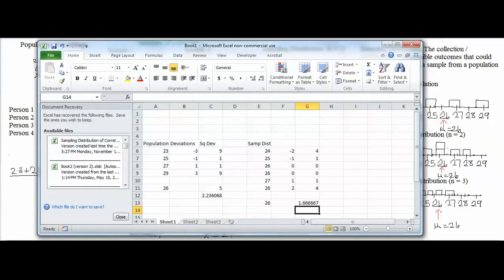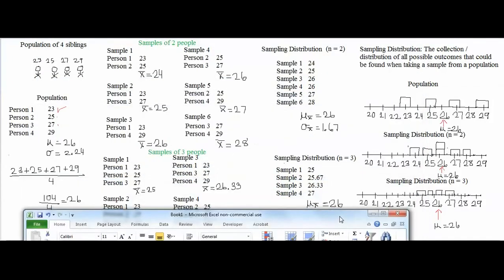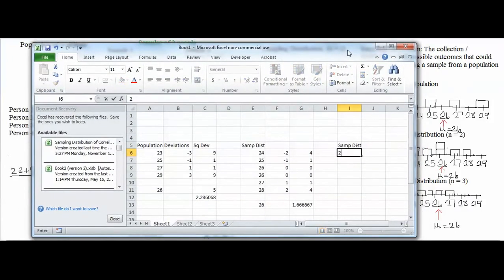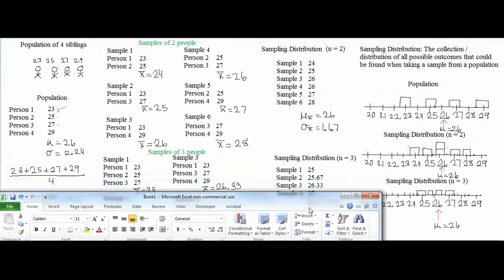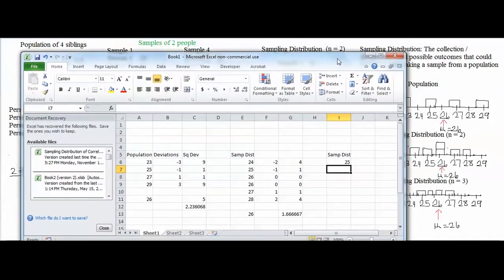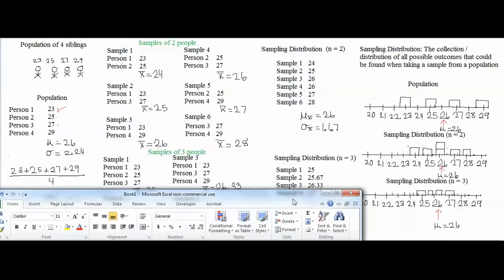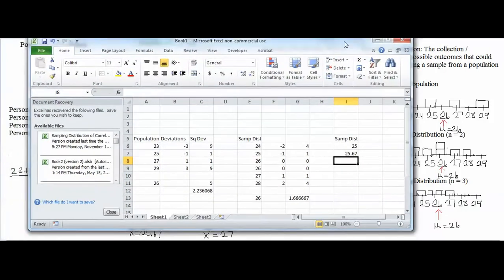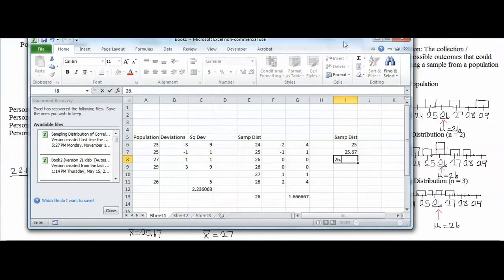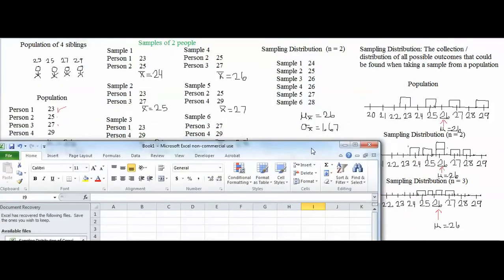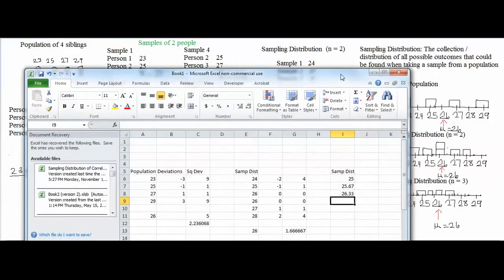So let's find out what the standard deviation is for that other sampling distribution for samples of 3. The numbers were 25, 25.67, 26.33, and 27.